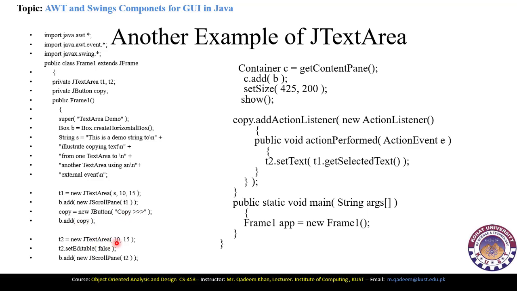Also we have another JTextArea 10,15, and this JTextArea is set as editable false, meaning that you cannot type inside of this JTextArea, and this is also added to the scroll pane.